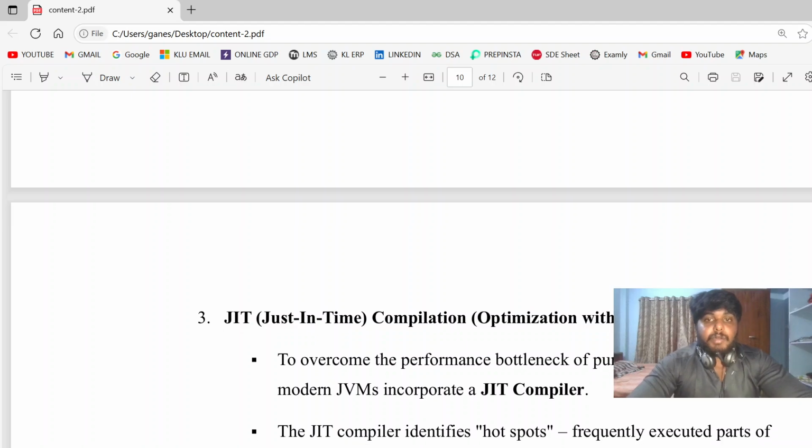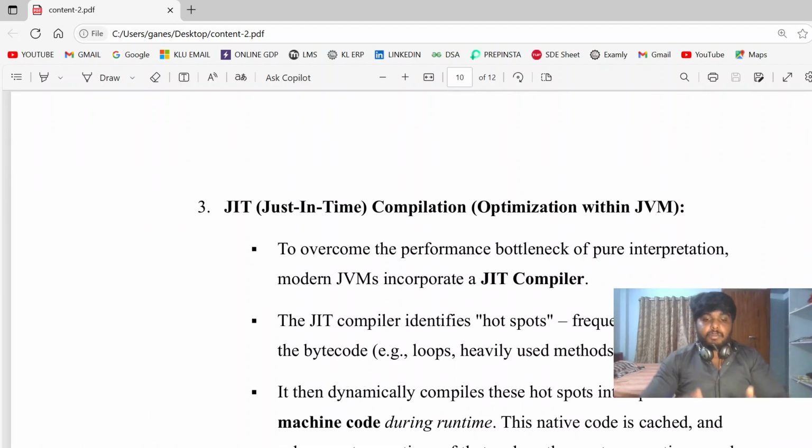Just-in-time compilation. This is something complex: Java is a hybrid structure. Java compilation and interpretation is a hybrid model. During interpretation by the JVM, once the bytecode is generated, if a code part is found to be used repeatedly, then that part will be compiled by the just-in-time compiler to overcome the performance bottleneck.